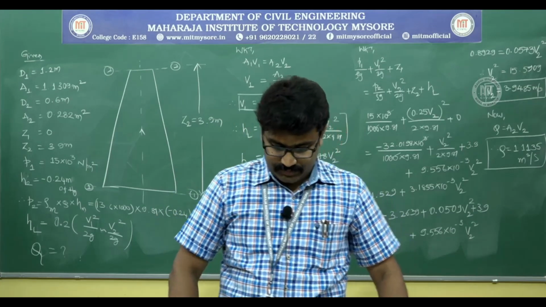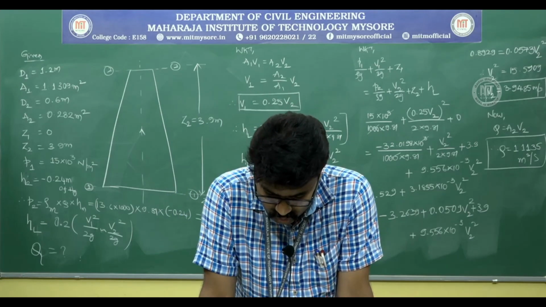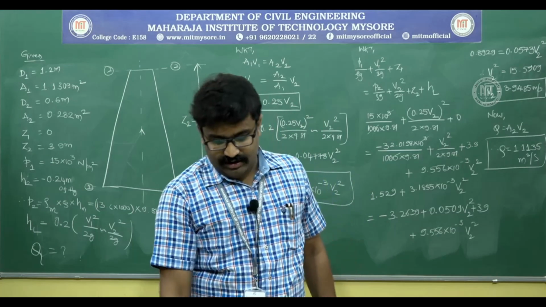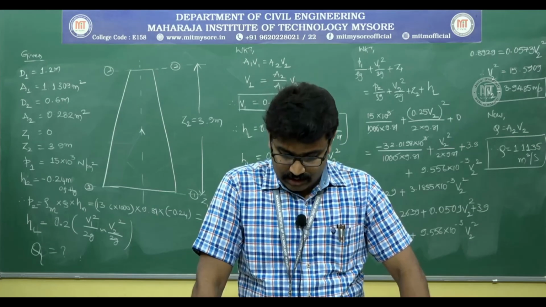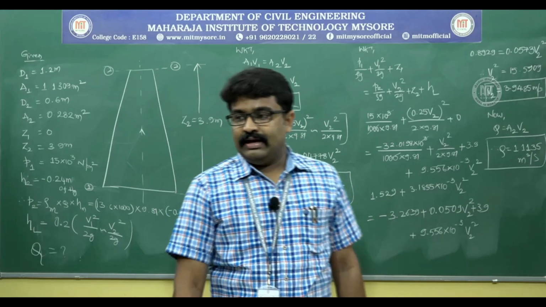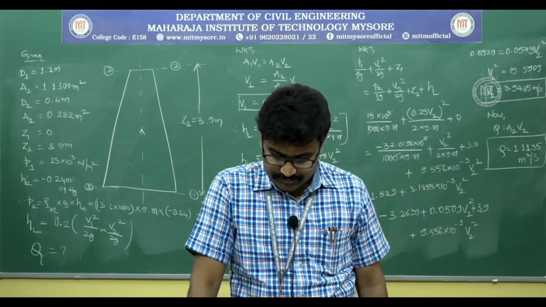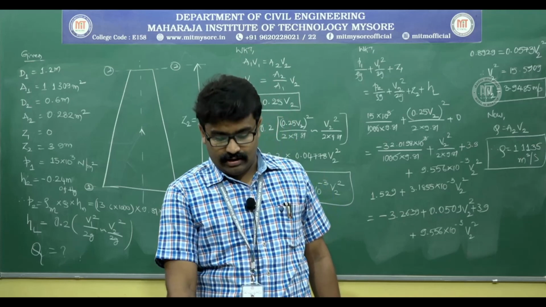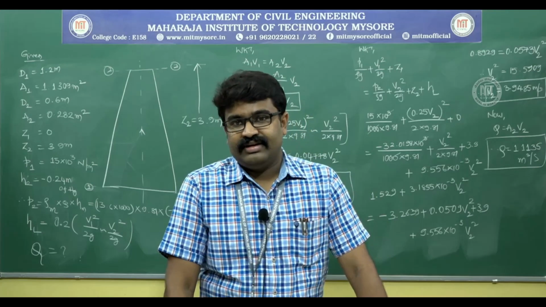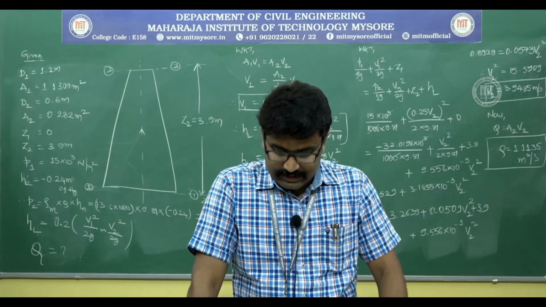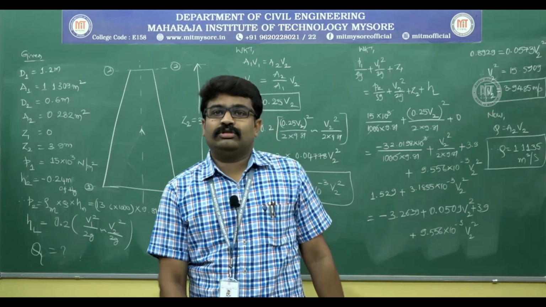Take down the next problem. The bottom and top diameters of a 2 meter long vertical tapering pipe are 5 centimeter and 10 centimeter respectively.